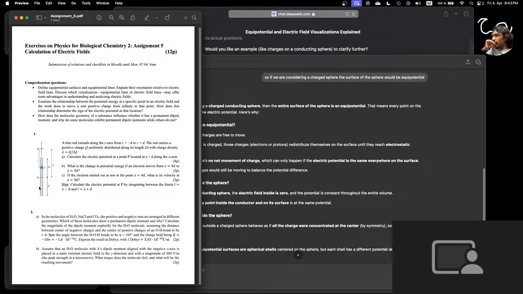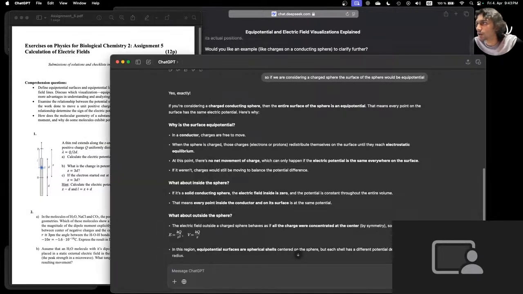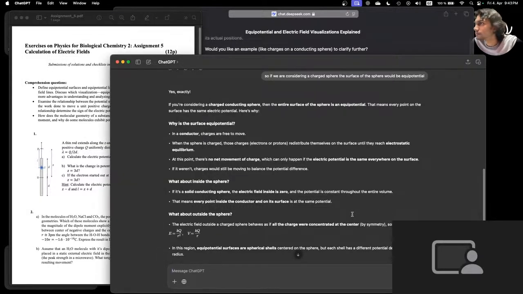I still have not even understood what equipotential surfaces are, and the time is moving fast. Why is the surface equipotential? Why? The conductor charges are free to move. When the sphere is charged, those charges redistribute themselves on the surface until they reach equilibrium.